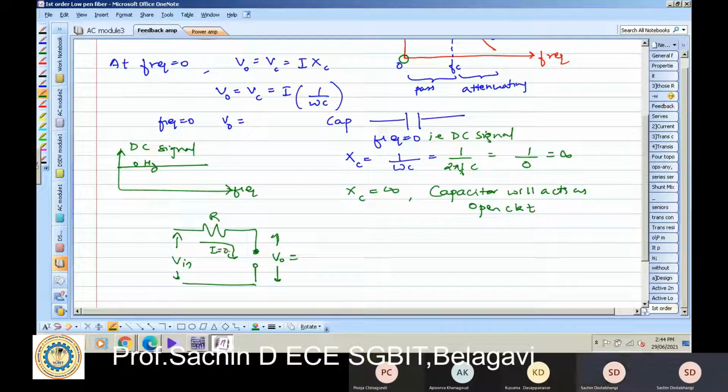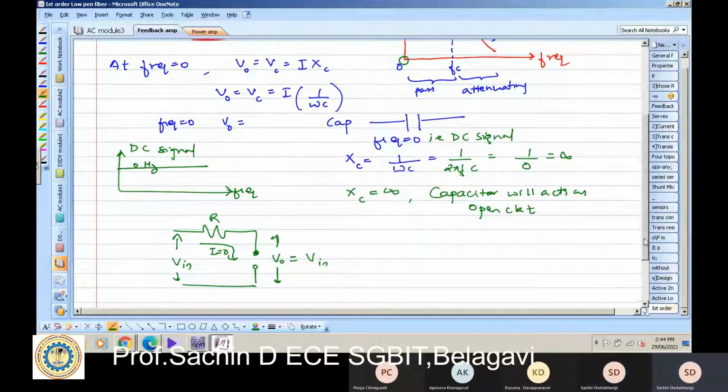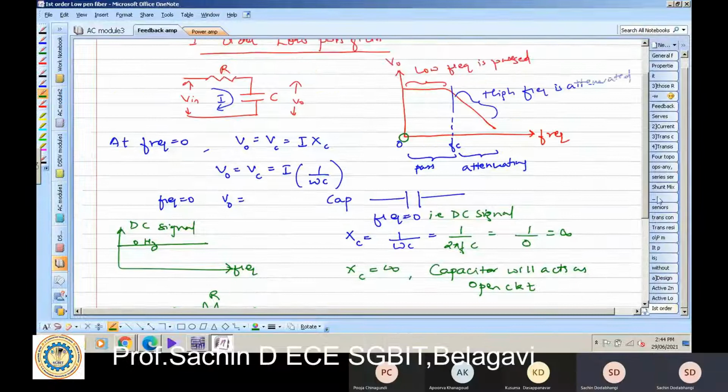So output voltage equals input voltage, which means it is passing at low frequency, at 0 frequency. In the graph you can see output voltage equals input voltage.